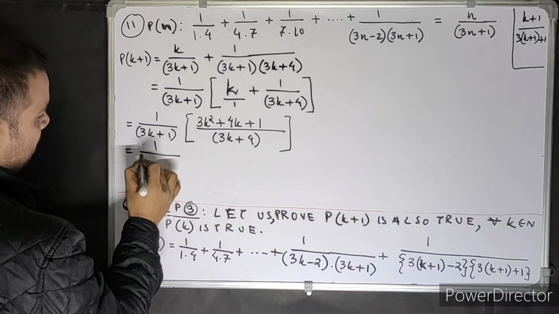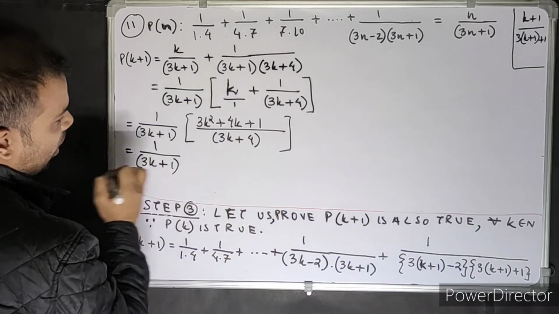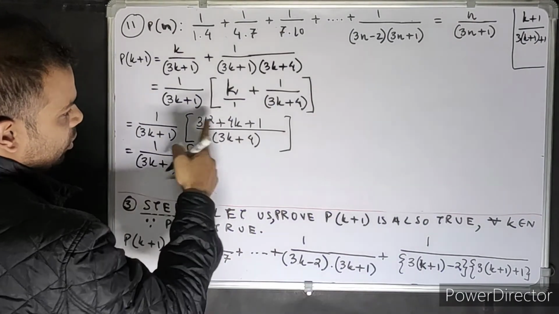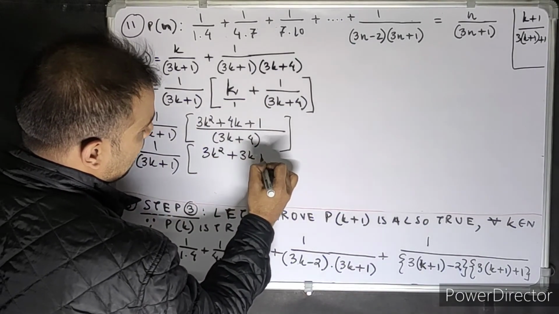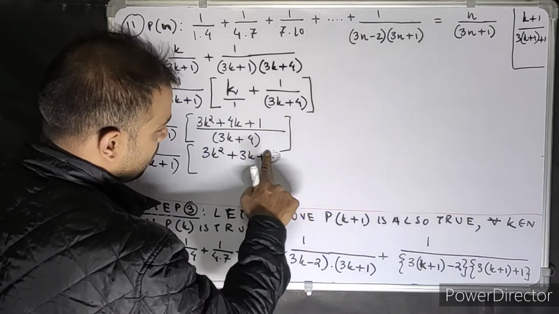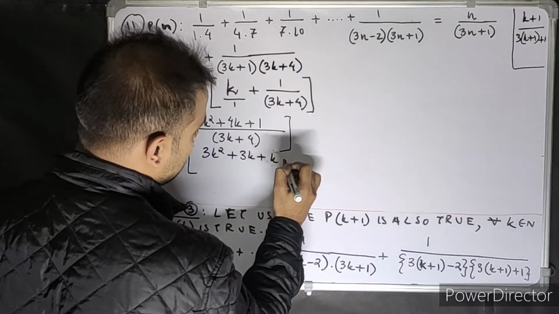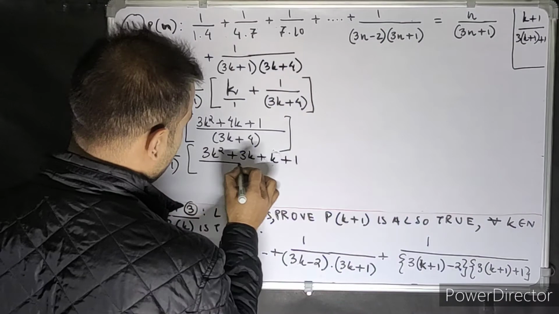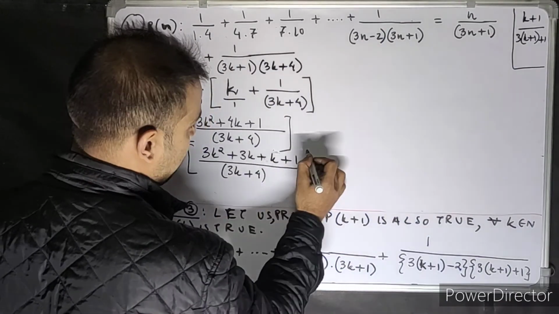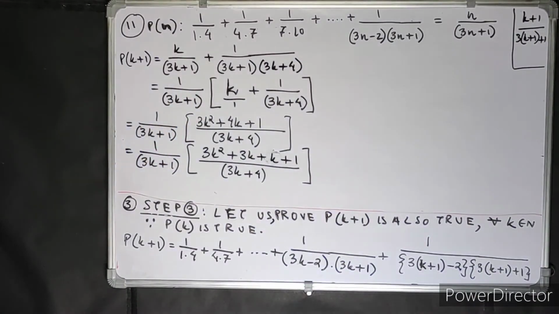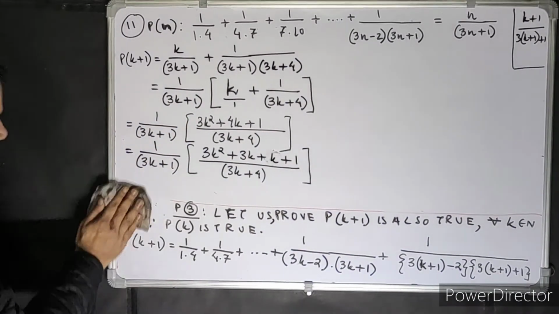So 1 divided by 3k plus 1 here, and over here you have to do middle term break, so that is 3k square plus 3k plus k plus 1 divided by 3k plus 4. Alright, so from here let's continue.